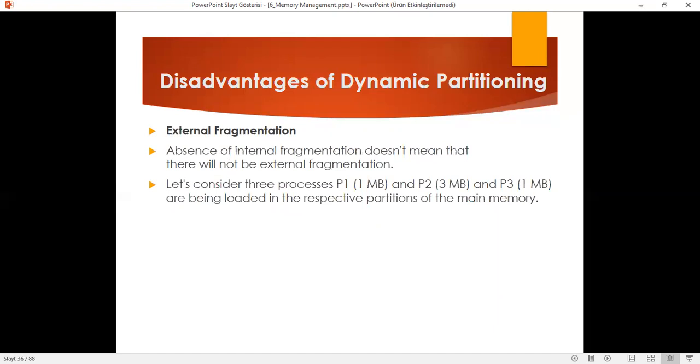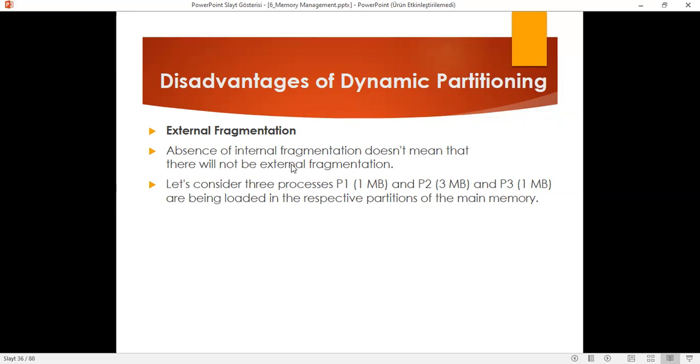And in the disadvantages of dynamic partitioning, one of them is external fragmentation.